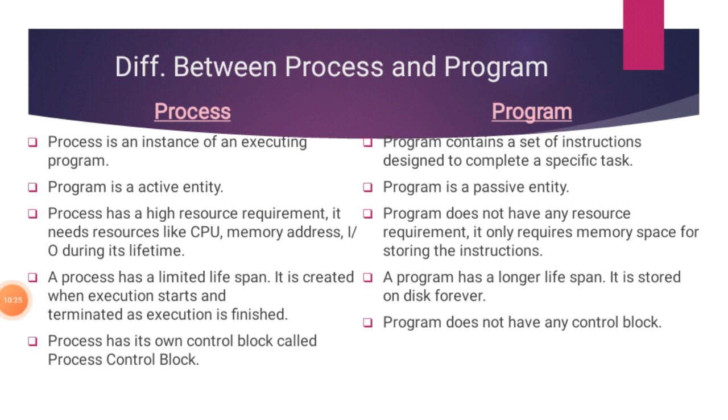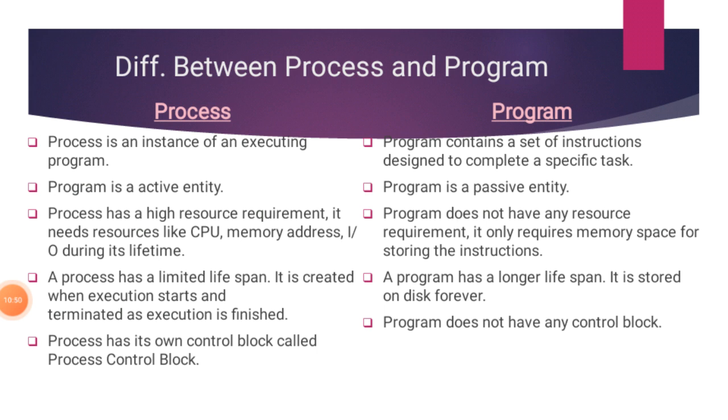A process is created when execution starts, and it terminates whenever it finishes its task. A program has a longer lifespan because we store it in secondary memory, on disk, forever. Clear?